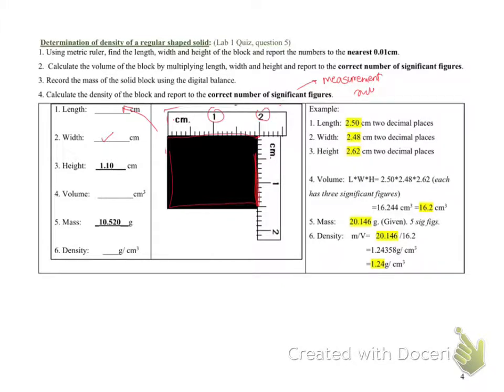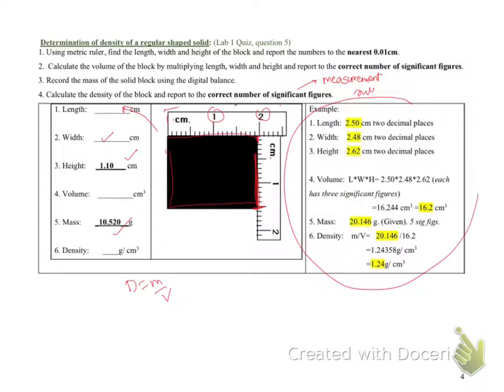Look at the minor and major marks, find out the length of this block, find the width of the block, and write it down. Make sure you're writing the correct number of decimal places. There should be 2. I'm already providing you the height. Then using length, width, and height, you're going to find the volume of the block. Then I'm providing you the mass, and then you will calculate density, which is mass over volume.